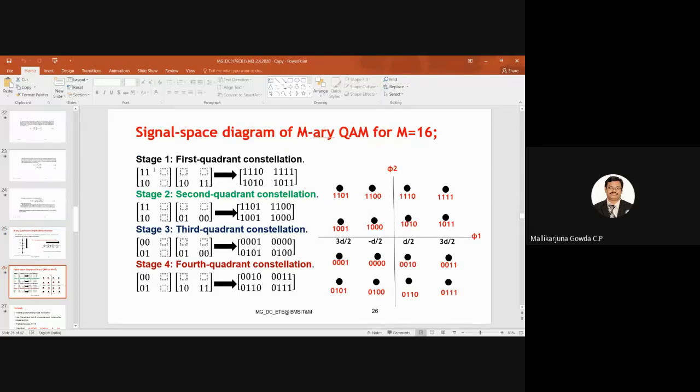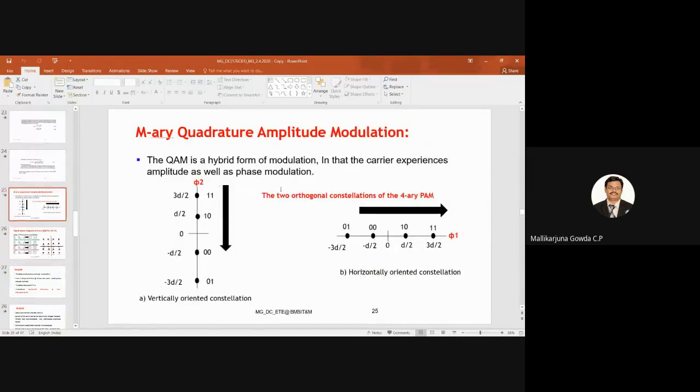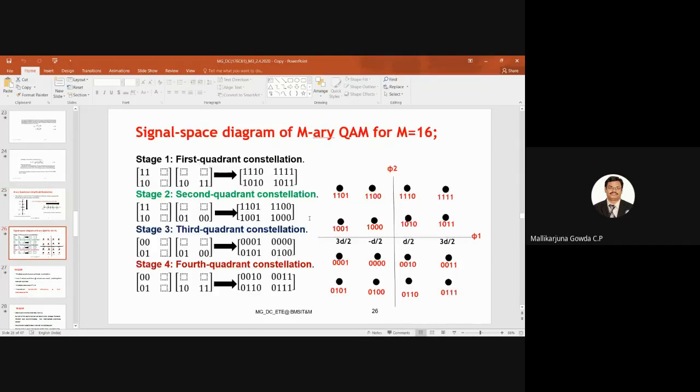That is the vertical one, and 1011 is the horizontal matrix. Sorry, horizontal means 1110 of this pi 2 axis and 1011 of the pi 1 axis of this horizontal constellation is multiplied. When we multiply that, we get the first quadrant constellation diagram, right?